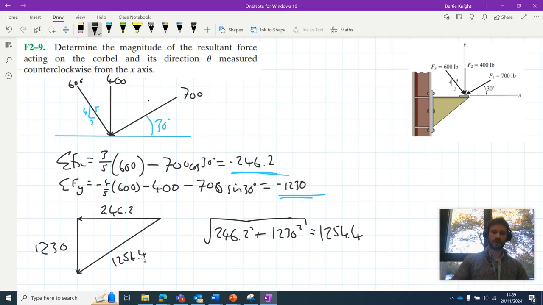Okay. So the final part of the problem here is asking for the direction theta measured counterclockwise from the x-axis. Note that this angle that it's asking for looks something like this. So if I were to add the x-axis to my sketch here, let's add the vertical axis here.